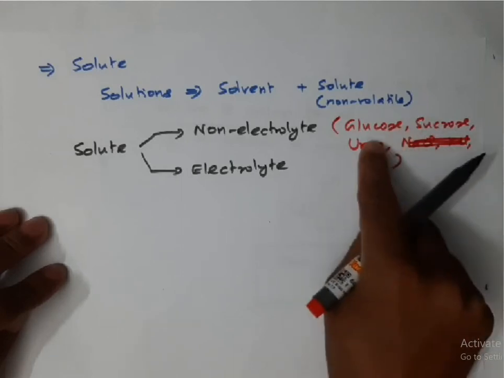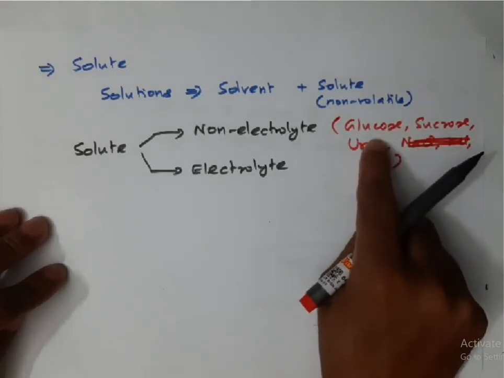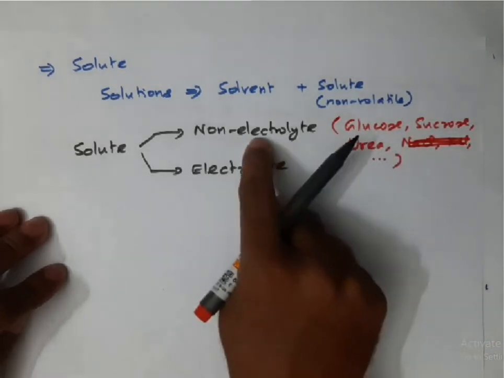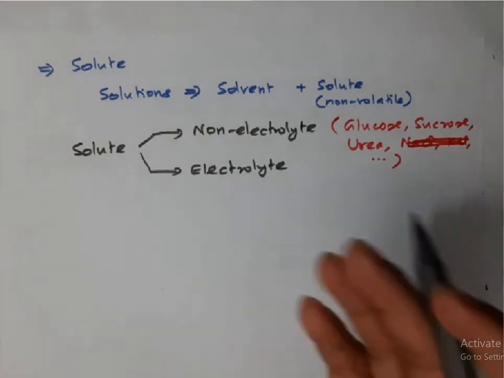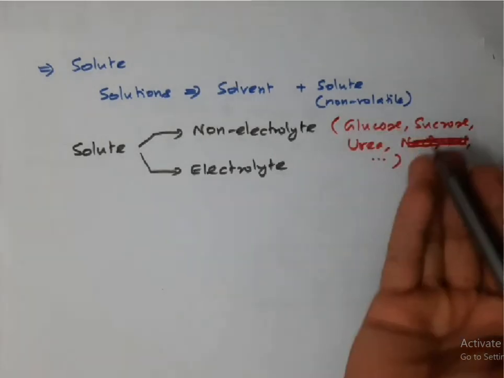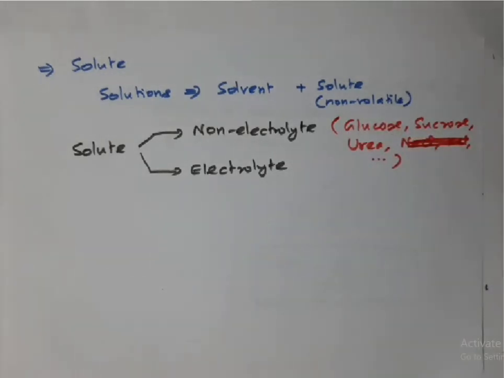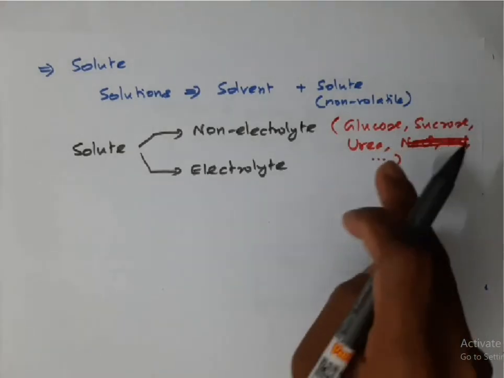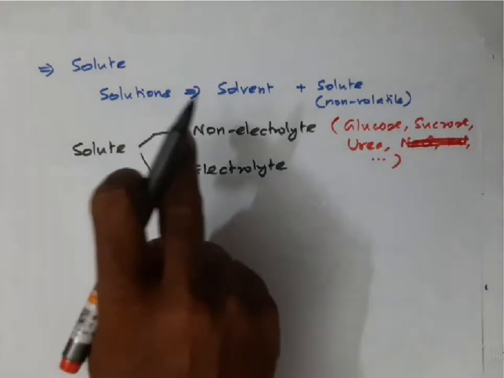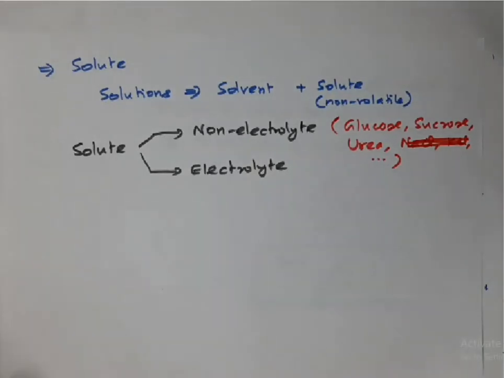These are all examples for non-volatile solute which are non-electrolyte. They do not undergo ionization. These are all few examples; we have a lot of examples actually. I have given few here. These are all examples for solutes which do not undergo ionization. Non-electrolyte means they do not undergo ionization.